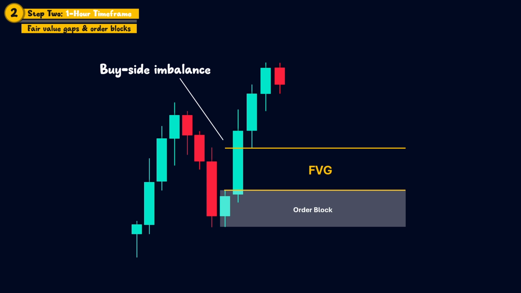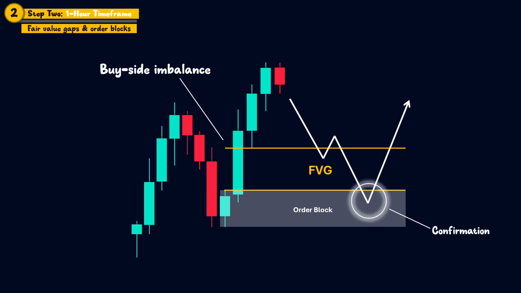When the market enters this phase of inefficiency, it typically returns to the fair value gap area to patch it. A conservative approach is to wait for the price to enter the order block zone before opening a position. An even more cautious method is to zoom into lower time frames, look for reversal confirmations, and then execute the trade.